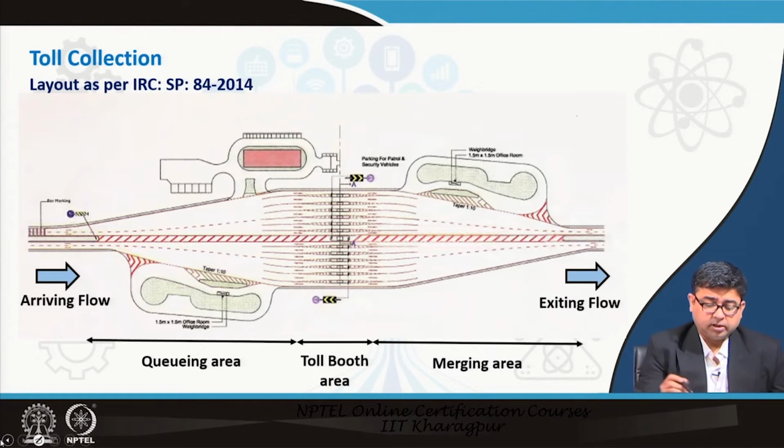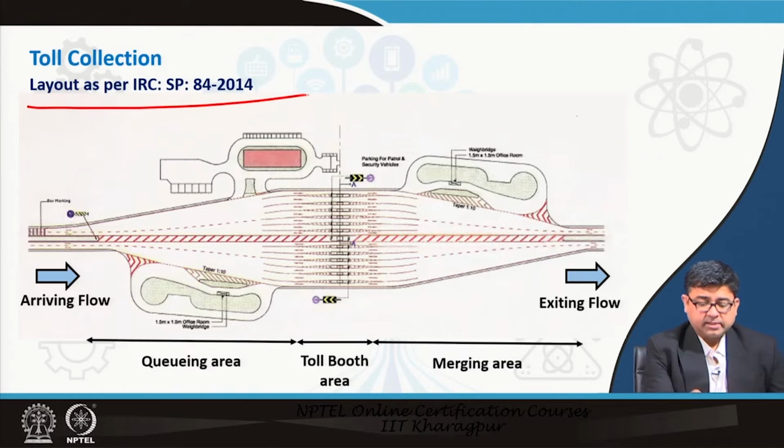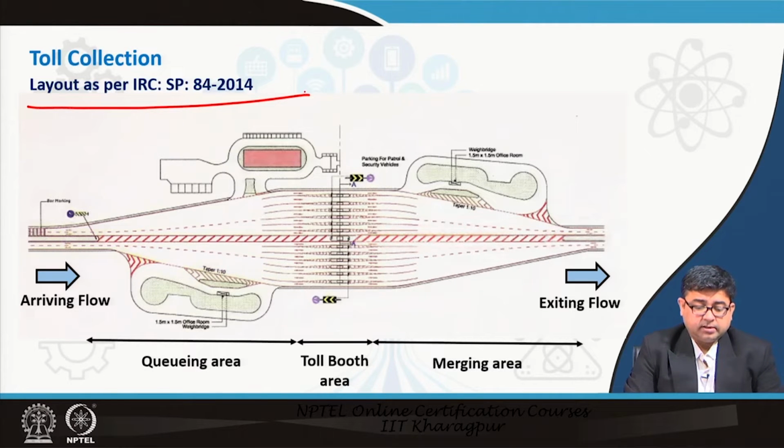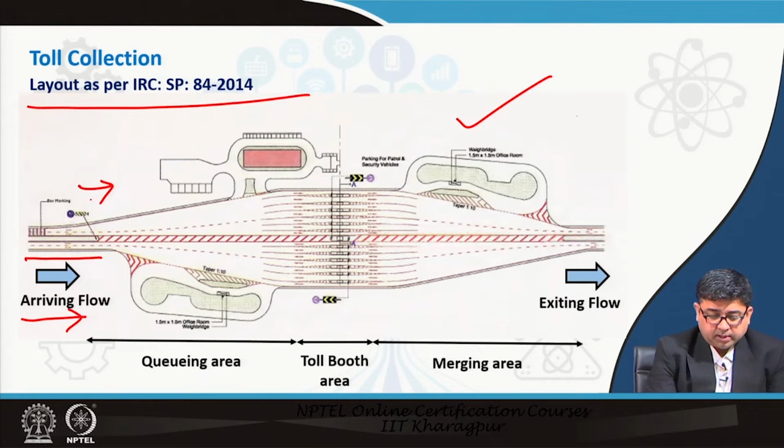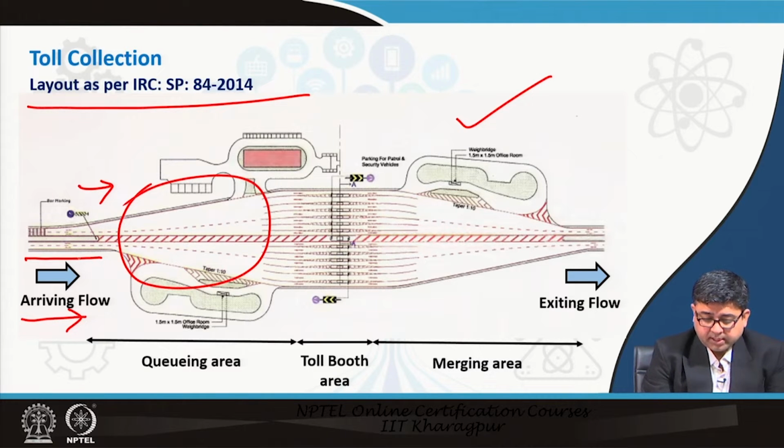But if you look at the original layout as per IRC specified in 2014, IRC SP 84 in 2014, this is how a generic toll plaza design should look like. If the vehicles are arriving in this direction, then usually if it is a two lane highway, that splits here, which is the queuing area, which then splits into a different number of lanes based on how many toll booths you have at that location.